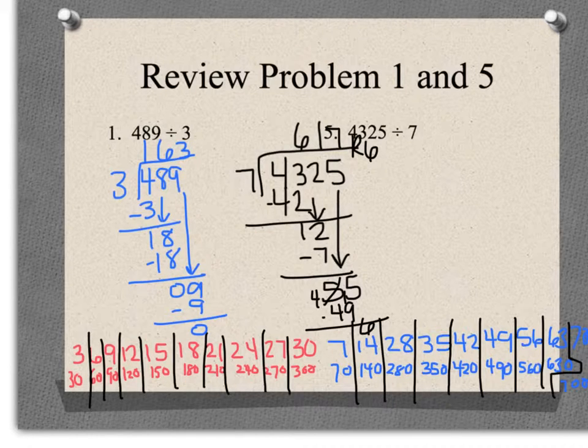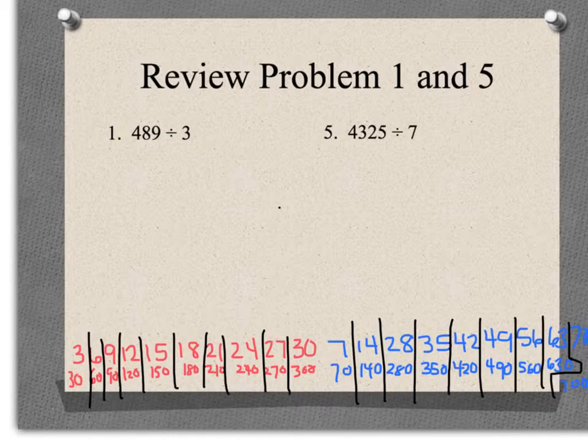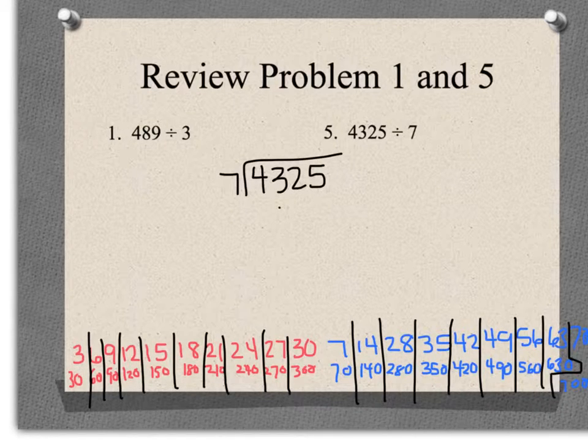Now let's solve that problem using partial products. I'm going to solve 4,325 divided by 7. I look at my chart, my highest number is 700. Since I have a thousands number, if I did 7 times 1,000, that would be 7,000.